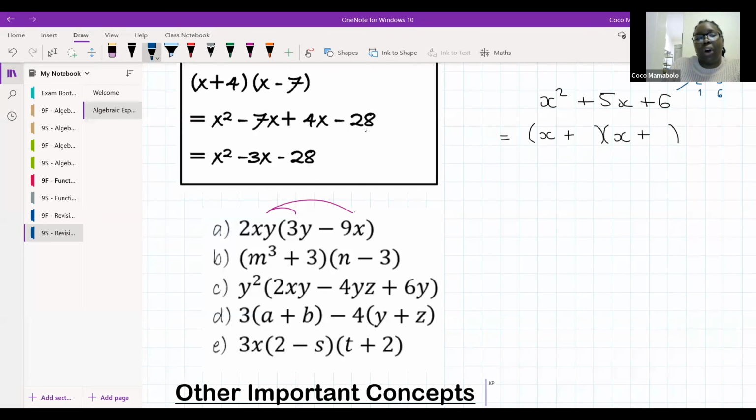Good. Now I want one of these pairs, either 2 and 3 or 1 and 6. We must add them and they must give us 5. Which 2 can I add to get 5? 2 plus 3. So I'm going to put a 2 here and a 3 there. That's it. We're done.